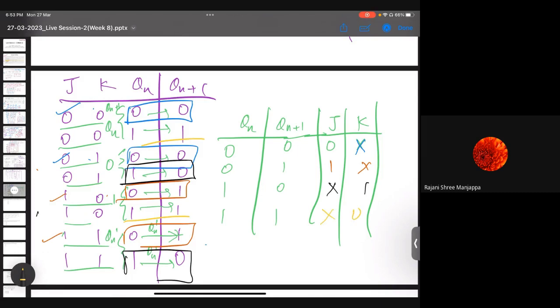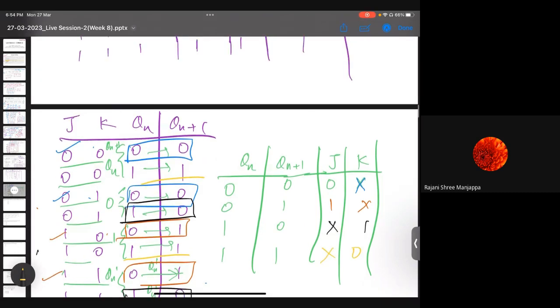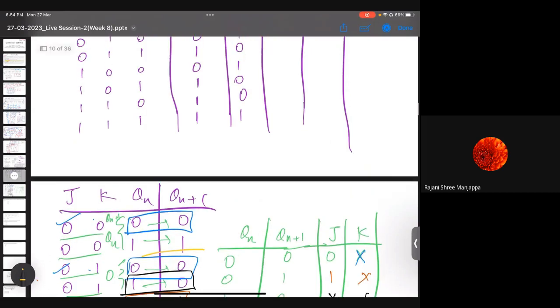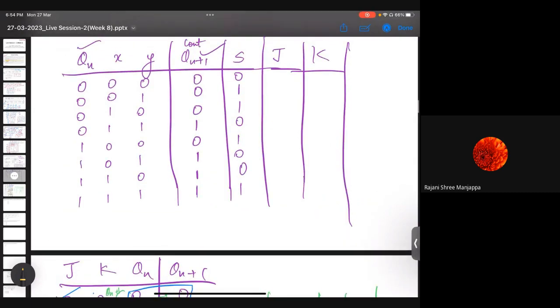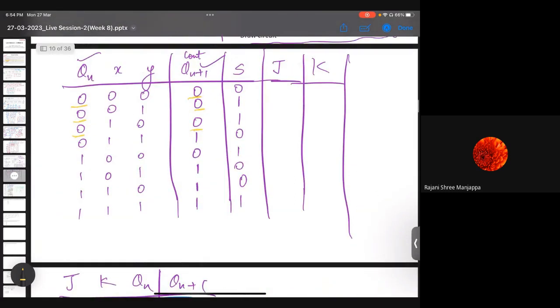So similarly, now we'll approach this. You can see here Qn and Qn plus 1. It is 0, 0, and it is 0, 0 here also, and 0, 0 here also. So for all these three cases, what we will have is 0x, right? Is it fine?